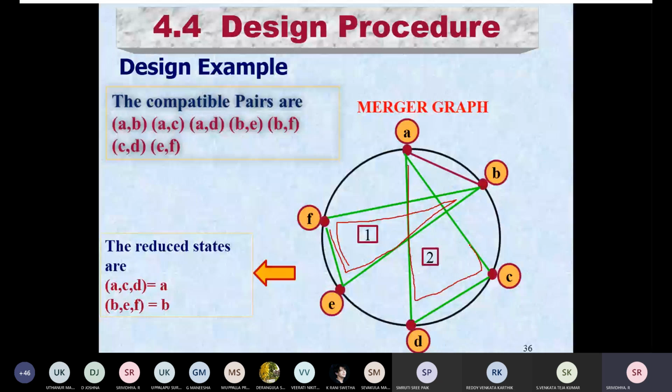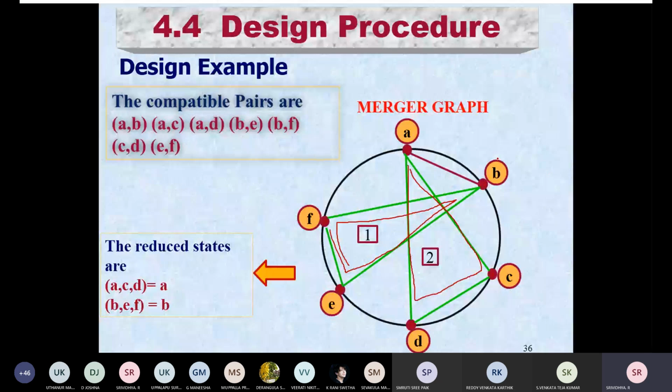Any other closed path you can tell me? Otherwise you can go as A, B, D, which will also be another closed path. It is up to you to decide. So I have gone with 2 closed triangles, that is your ACD and your BEF.